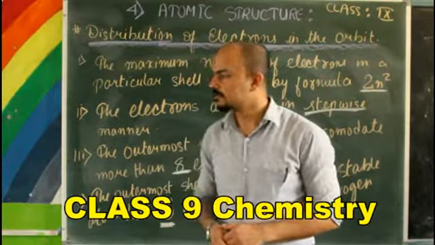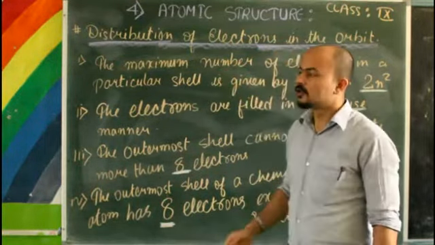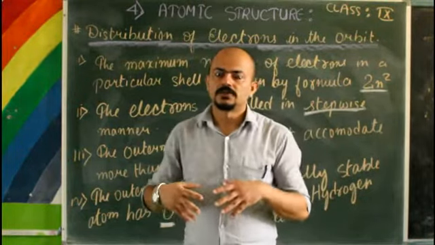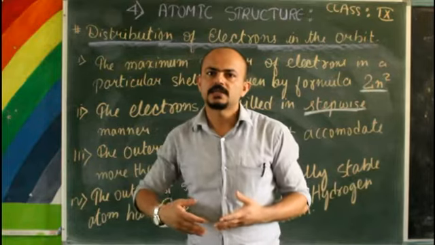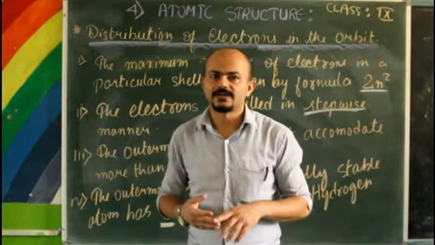Class 9. So today we'll be continuing with chapter number 4, that is atomic structure. In our previous class we had discussed the structure of an atom, where the main components were the proton, neutron and electron.